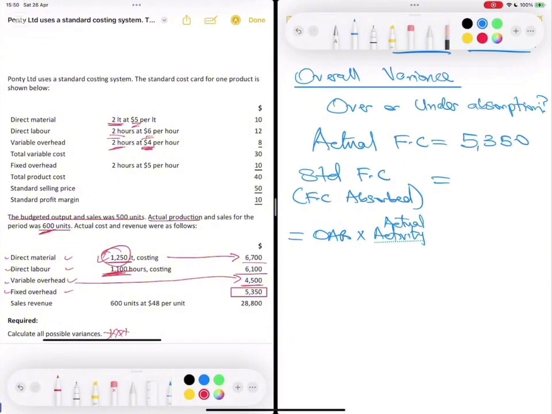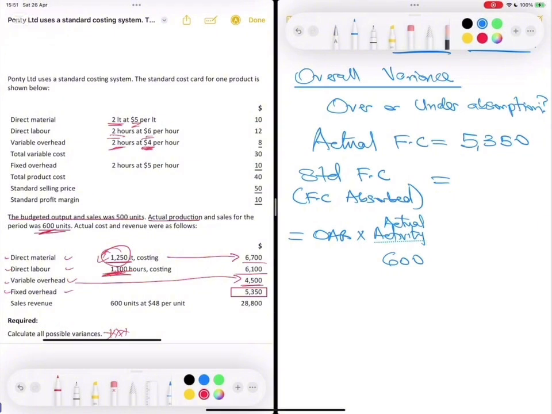Yeah, and the actual activity here is 600 units. Activity level for fixed cost is going to be based on the actual units that we produce.